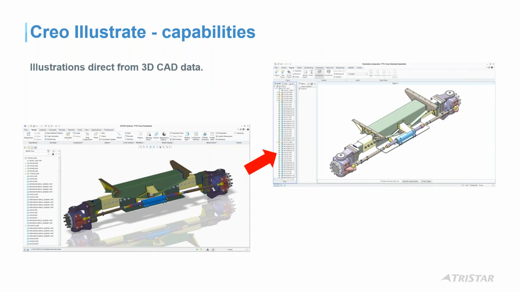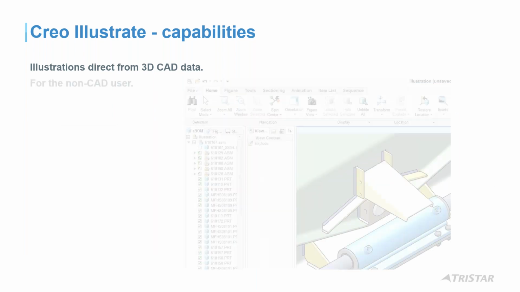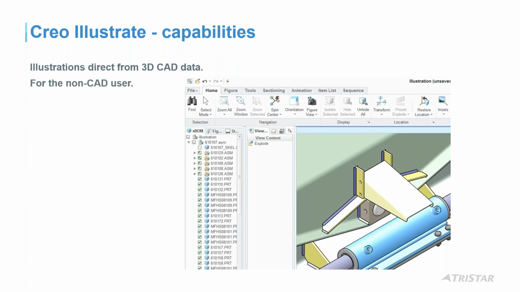So what can we do with Creo Illustrate? That's where the value comes in for the end user. Creo Illustrate is a tool used to import 3D CAD data that already exists. And the 3D CAD data can come from the web, a neutral model, from some part catalog.